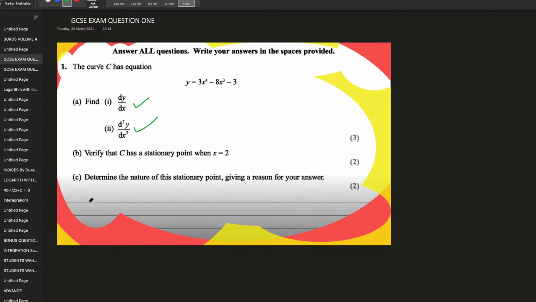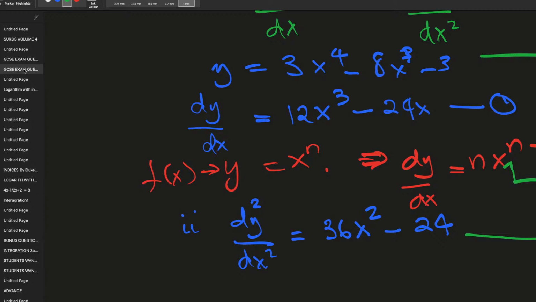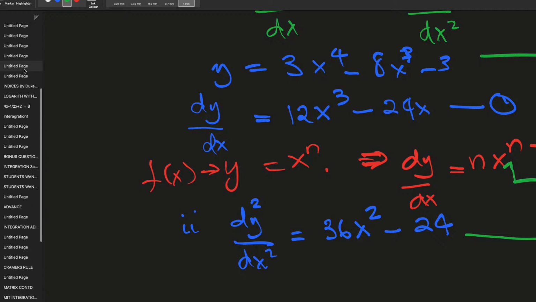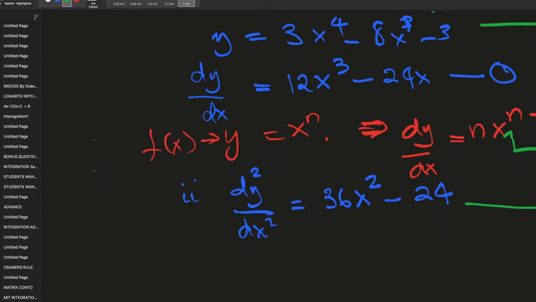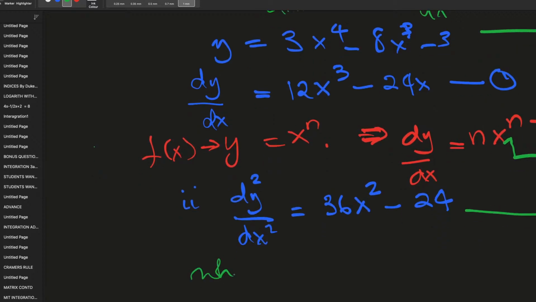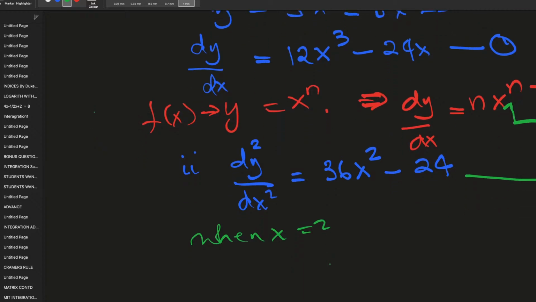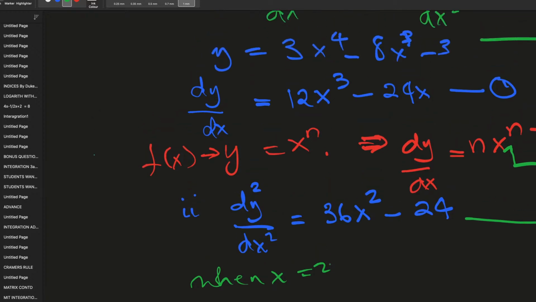Okay, has a stationary point when x is equal to 2. But is it true? Stationary point when x is equal to 2.